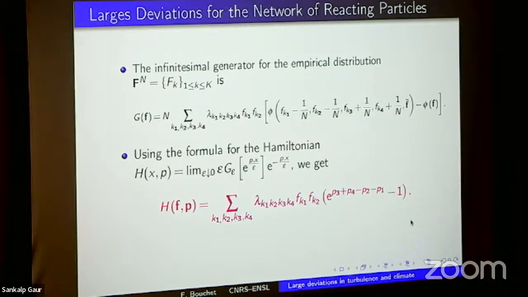And you always have this minus 1. And so you see this exponential comes from this kind of reaction between particles. Before, in the case of radioactive decay, you had just one particle and it was decaying. So that's why it was exponential of minus P, minus 1. Okay, so it's a very simple example that will be useful later on.